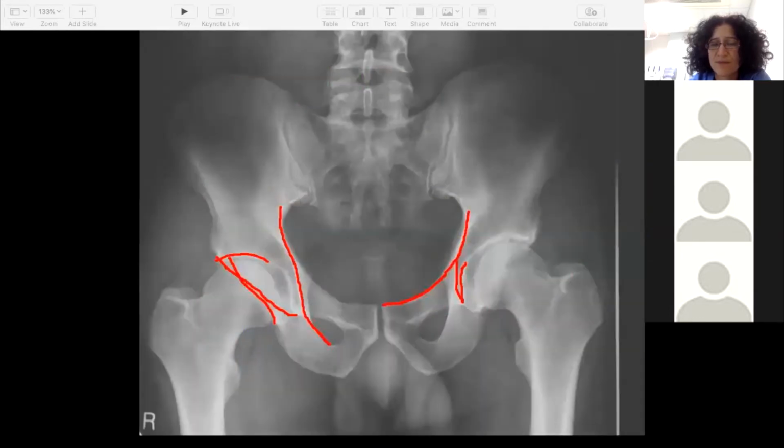Okay, what are these lines? Does anybody know there are lots of lines here that mark the particular landmarks in the acetabulum and pelvis? Iliopectineal, ilioischial, the dome, anterior, posterior wall.